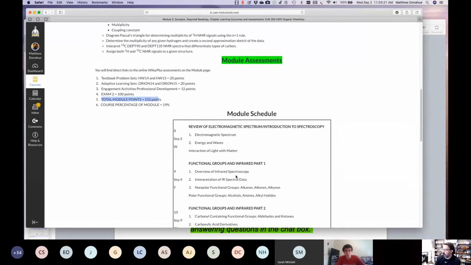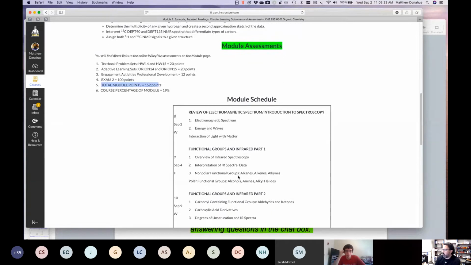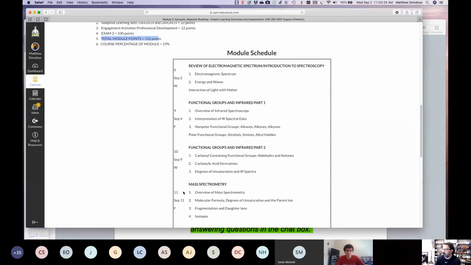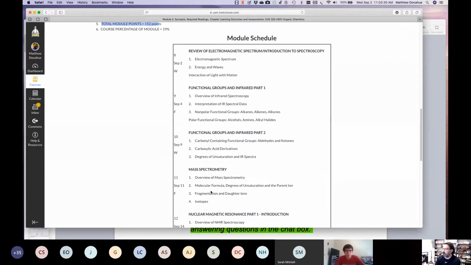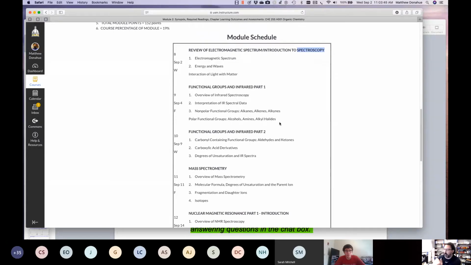This is the module schedule, subject to change, which it sort of will, because we're going to do mass spec today, because we can get that sort of out of the way before we get into spectroscopy. And I'll explain the difference between spectrometry and spectroscopy. So we're going to learn about mass spec, IR, and NMR.